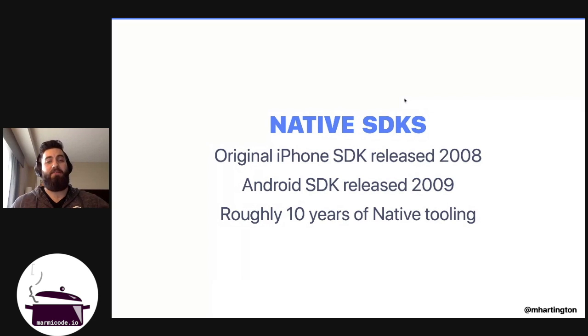Android and Java, or Java itself, was being used for Java applets and much more enterprise-focused applications. So there's a lot of history and a lot of evolution of tooling that exists here. And when we look at these ecosystems today, they're far more advanced than what they were 10 years ago, and even 5 years ago, really.